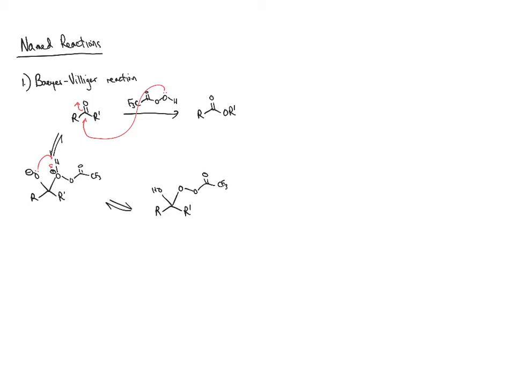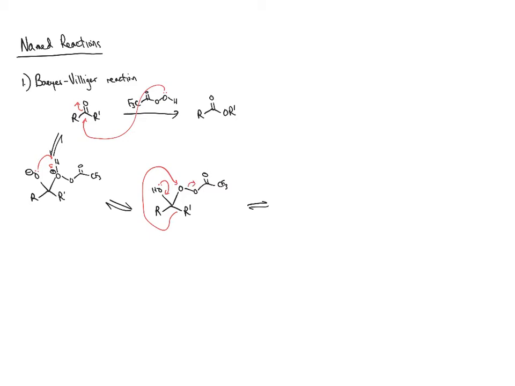Okay, at this point is where we make the key bond forming event. And so the next step of the reaction is that the lone pairs move down to form a double bond. But then what happens is the carbon bond between the formerly carbonyl carbon and the R prime group attacks the sigma star oxygen-oxygen bond. And that breaks the oxygen-oxygen bond.